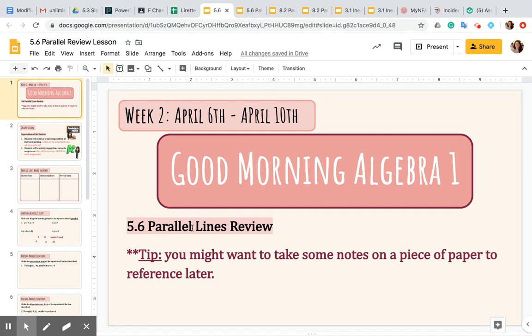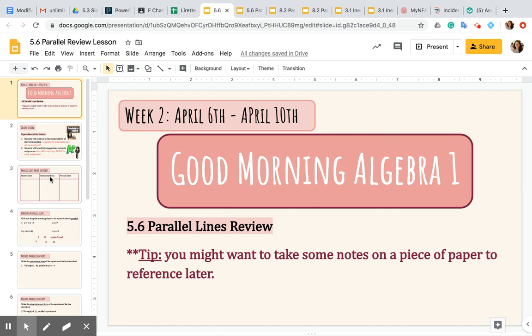So if you guys recall, I'm breaking down section 5.6 into multiple parts. We were talking about this when we were in the classroom, that I break it down into parallel, then we do perpendicular, then we do a mix of both. And then at some point, I'll probably be giving you guys a small quiz on section 5.6, assuming I can figure out the best way to do that online.